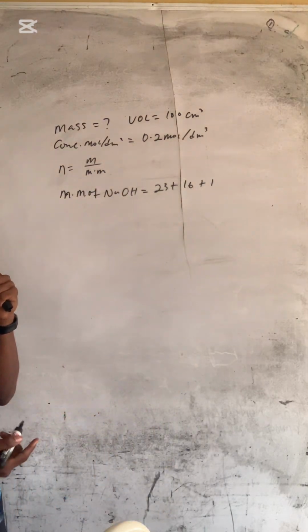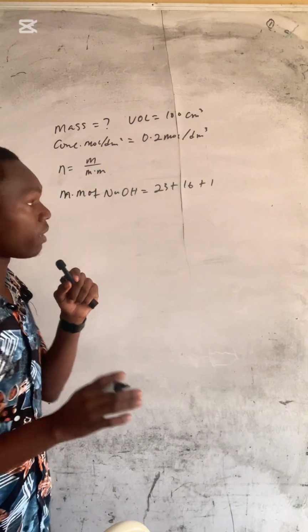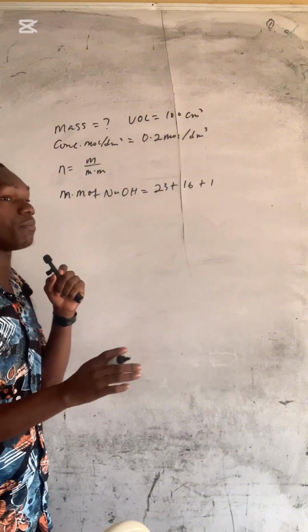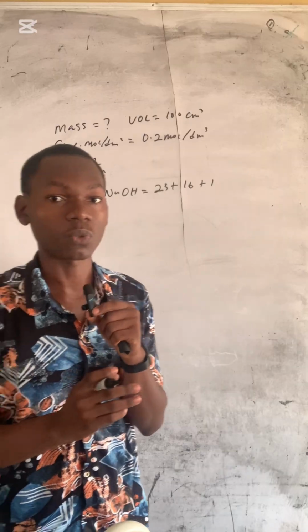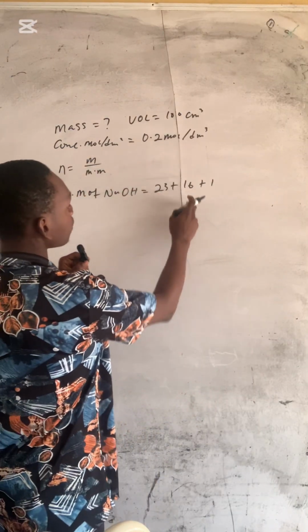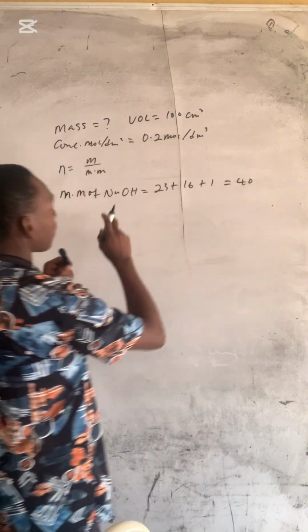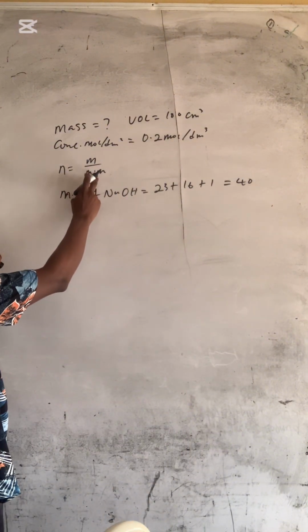What I'm simply doing here is calculating the molar mass of that particular compound, sodium hydroxide. And molar mass simply means adding all the mass numbers involved in that compound. So when you do that, 23 plus 16 plus 1, that gives us 40. So this is the molar mass.